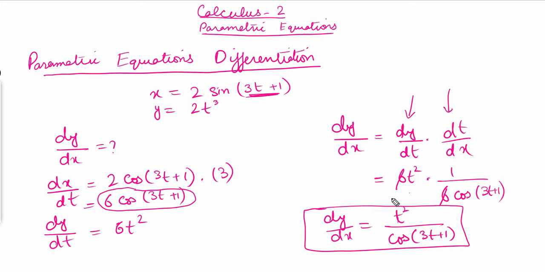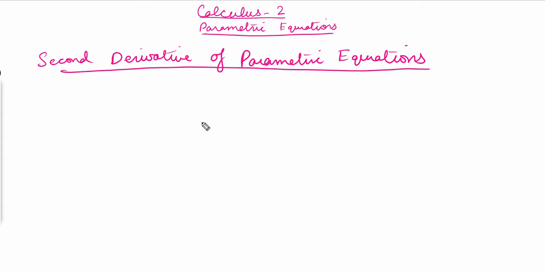Now in the next example we are going to see how we can take the second derivative of parametric equations. For the second derivative, let's suppose we have two equations in terms of t. The first one is x of t equals 3e to the power of 2t, and the other one is y of t equals e to the power of 3t minus 1.